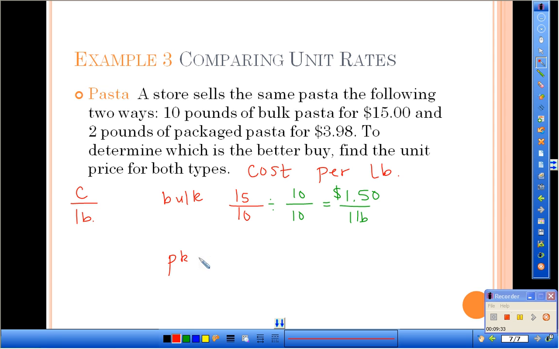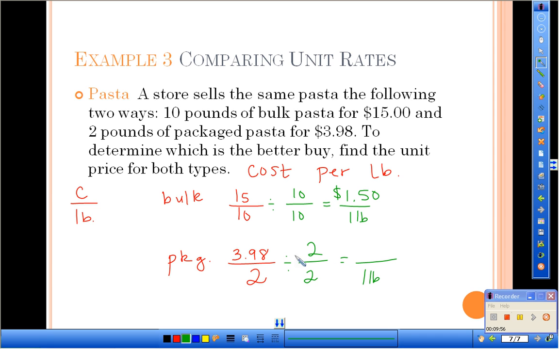Now we're going to look at our packaged pasta. Again, we're going to put the cost in the numerator's position. So the packaged pasta is $3.98, and we're getting 2 pounds. So we'll put the 2 in the pounds position. We're going to divide the top and the bottom by what number? You guessed it, 2. Very good. 2 divided by 2 gives you 1.